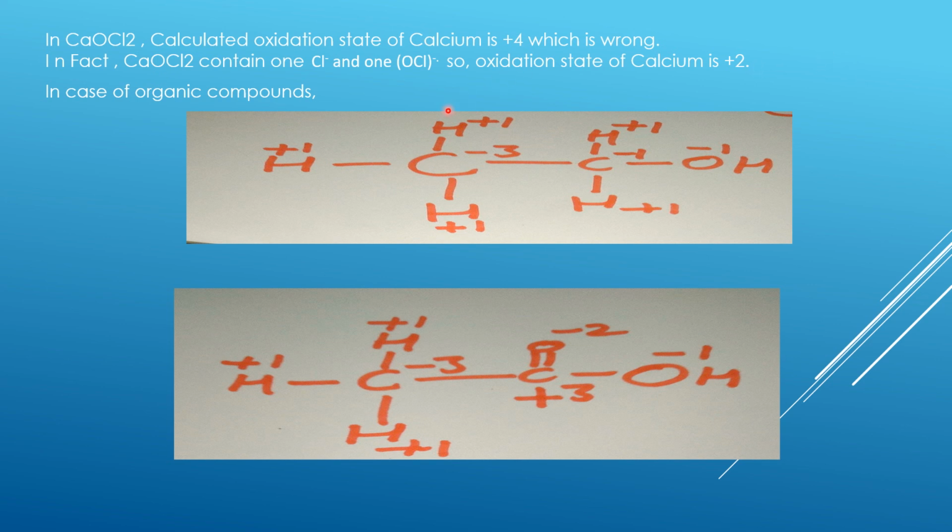If we are taking an organic compound, in most of the cases we decide their oxidation number through their structure. So just try to understand: this carbon atom is bonded to 3 hydrogen atoms and one similar carbon atom.